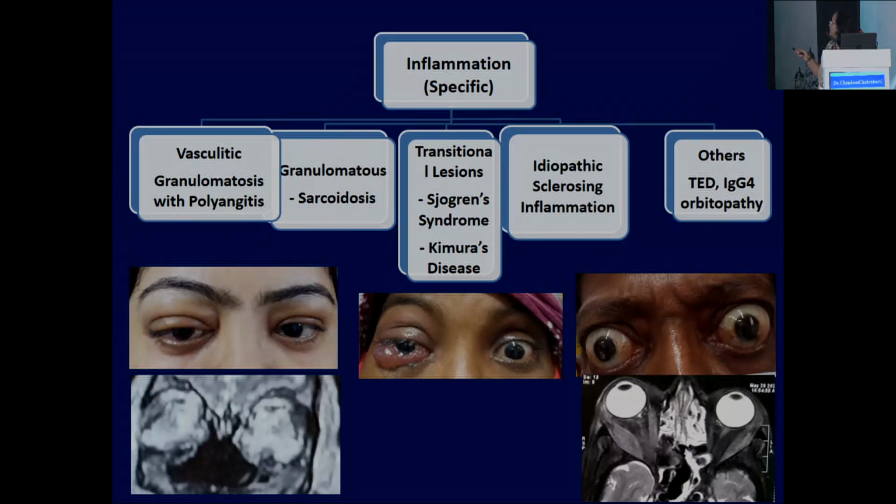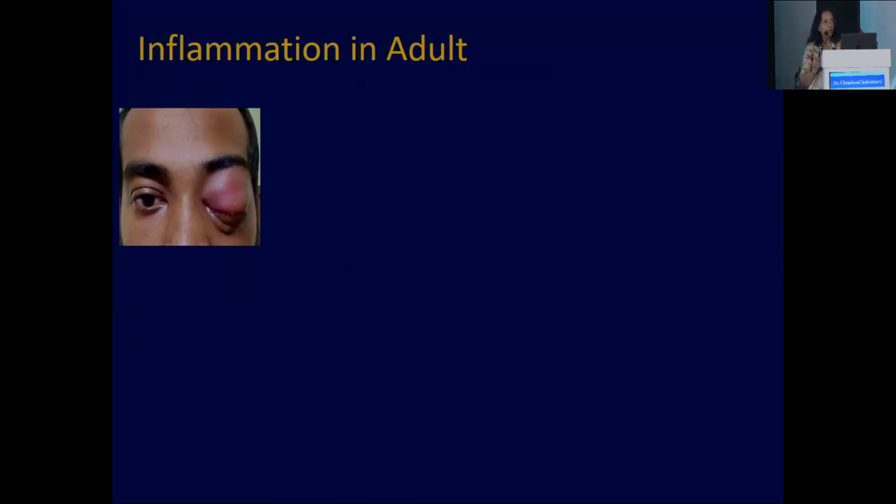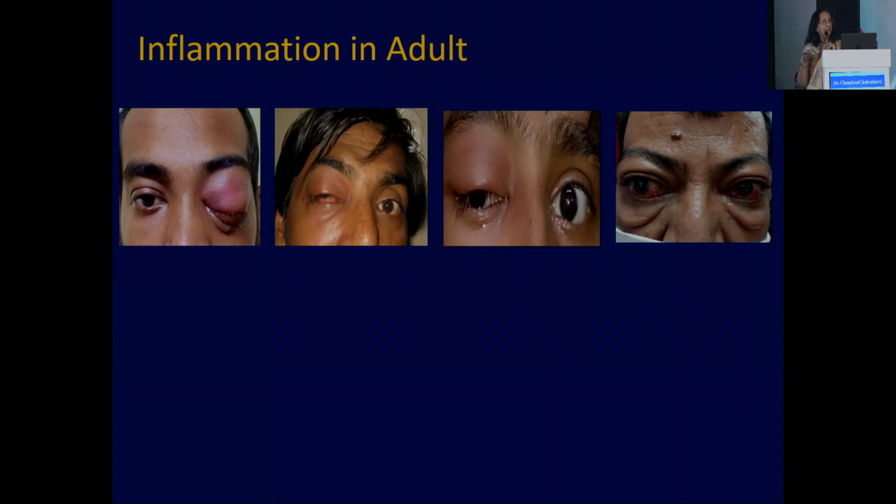It could be Sjogren syndrome, Kimura's disease, thyroid eye disease, IgG4 orbitopathy, idiopathic sclerosing inflammation, and granulomatosis with polyangiitis. The more diagnostic tools and laboratory investigations you use, the more you will get specific causes rather than the non-specific cause, that is the pseudotumor.